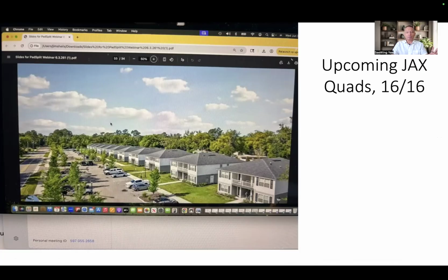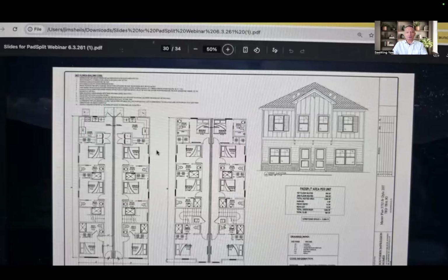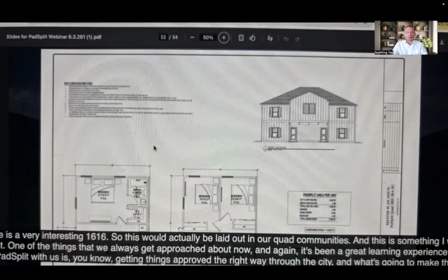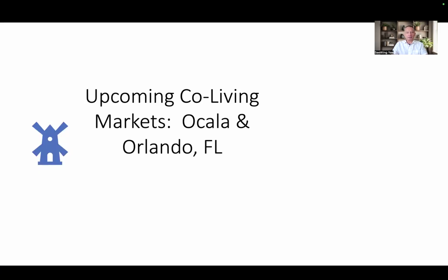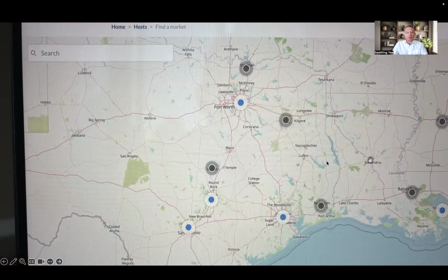So this is amazing. Just to show you what we're doing, from a high level, we are expanding, and we have upcoming markets we are exploring because we know what we're doing.